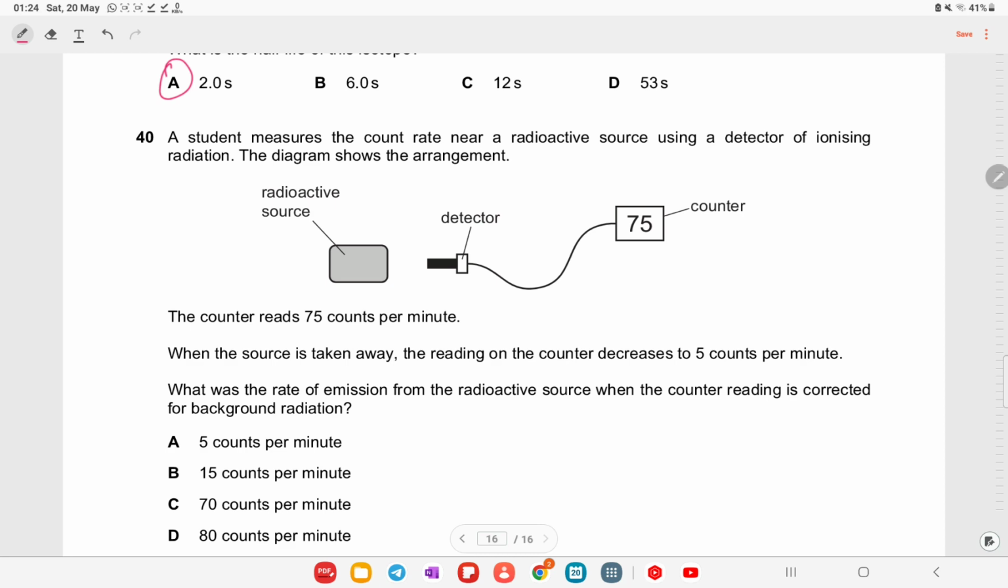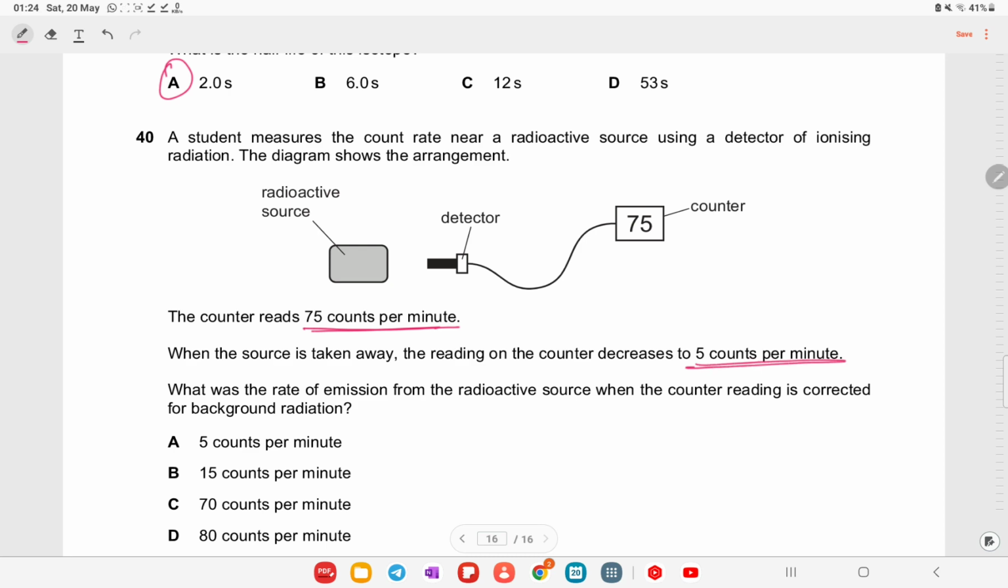A student measures the count rate near a radioactive source using a detector of ionizing radiation. The diagram shows the arrangement. The counter reads 75 counts per minute. When the source is taken away, the reading on the counter decreases by 5 counts per minute.